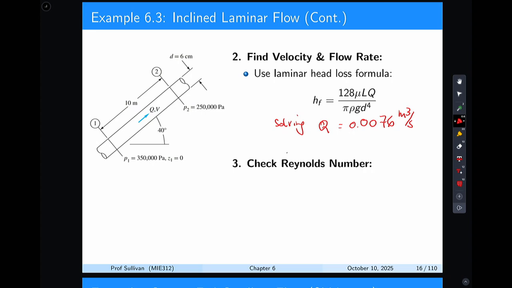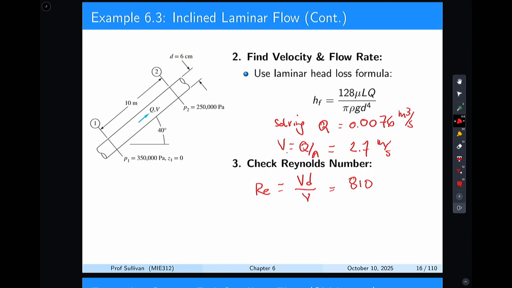From that, you can extract the velocity, which is equal to Q divided by A, which is 2.7 meters per second. Reynolds number is equal to velocity times d over kinematic viscosity, and that will equal 810.